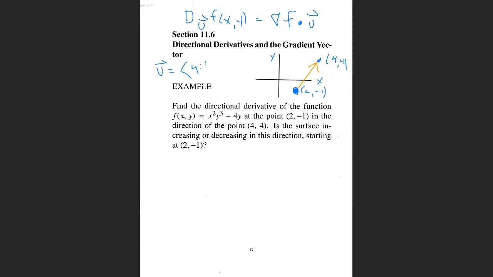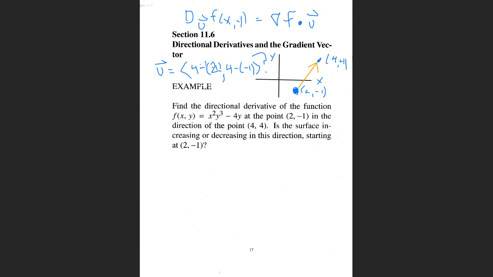Is the direction vector equal to 4 minus -1? Sorry, I should say 4 minus 2, right? 4 minus 2, comma, 4 minus -1. Is that the u vector?